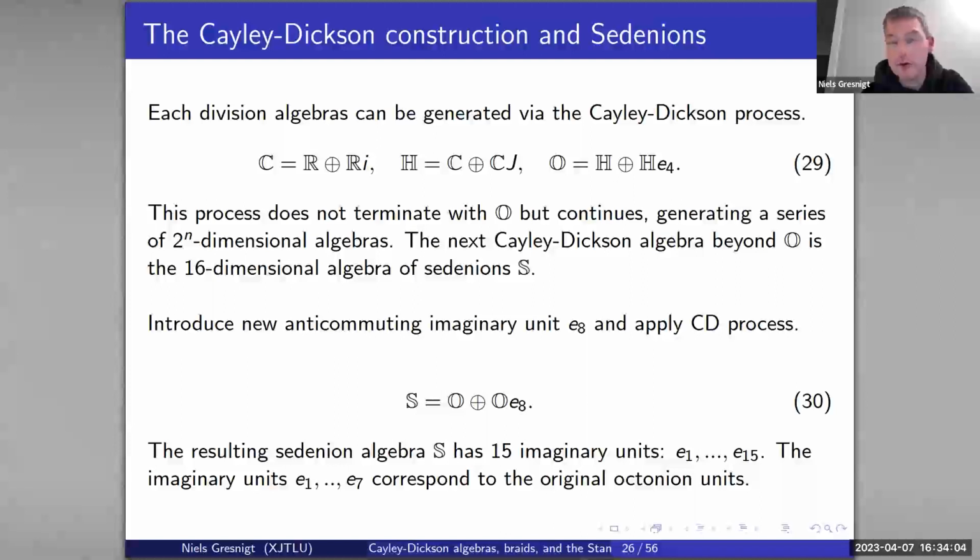So we introduce a new anti-commuting imaginary unit, EA, to the octonions, and then that gives us the Sedenians, where now we have 15 imaginary units, and together with the identity 1, then we have 16 dimensions. And here E1 to E7 just correspond to the original octonion units.